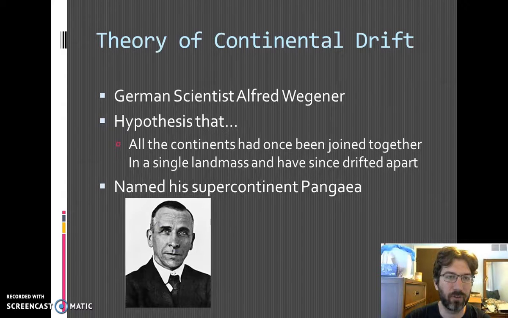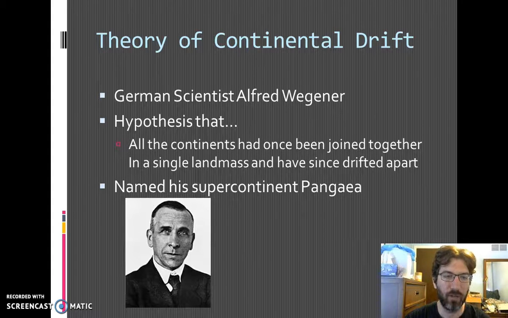So this theory that is going to come up is called continental drift, and it was proposed by this German scientist, Alfred Wegener. Yeah, the W does sound like a V. He is German. He hypothesized that all the continents were once joined together in a single landmass and have since drifted apart.